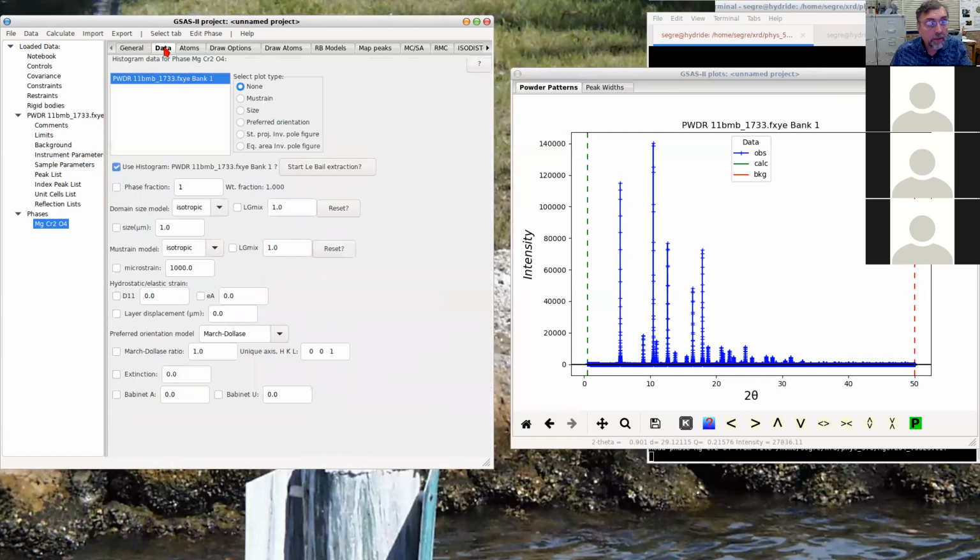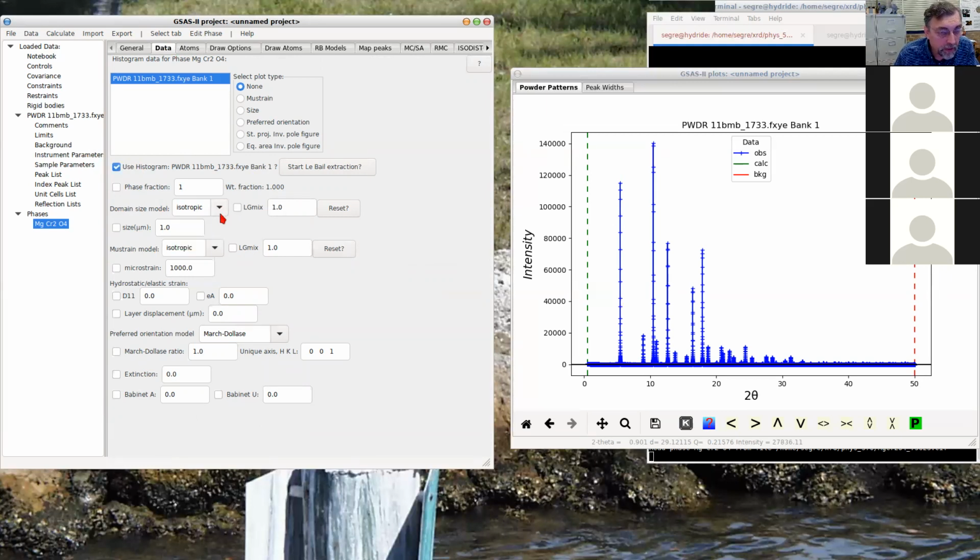The next tab has data. And this has information about some of the parameters that you can refine. You notice I've used this histogram for this data set. Then I have a phase fraction. There's only one phase, so this is going to be 1. I'm not going to refine this. Then I have a size broadening term, domain size model, which if I refine it, I can use isotropic or uniaxial.